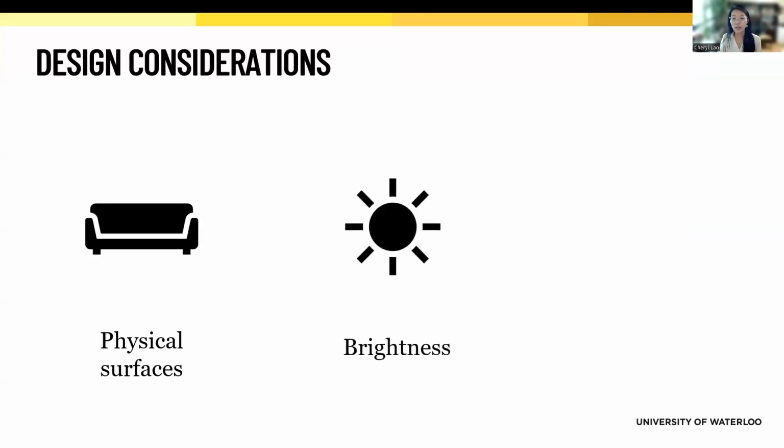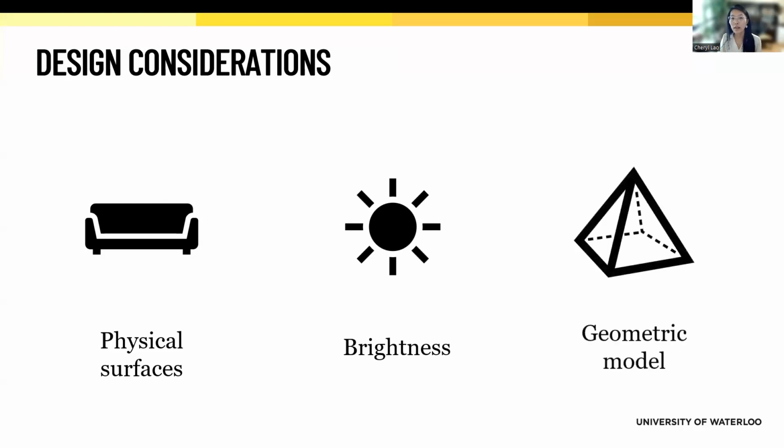Next, projector brightness can limit its use in outdoor spaces and limit its reach in indoor spaces. And lastly, a geometric model of the environment needs to be known ahead of time to calibrate the projectors. So essentially, SAR requires a lot more detailed information about the physical space than other immersive technologies like mobile AR or VR.